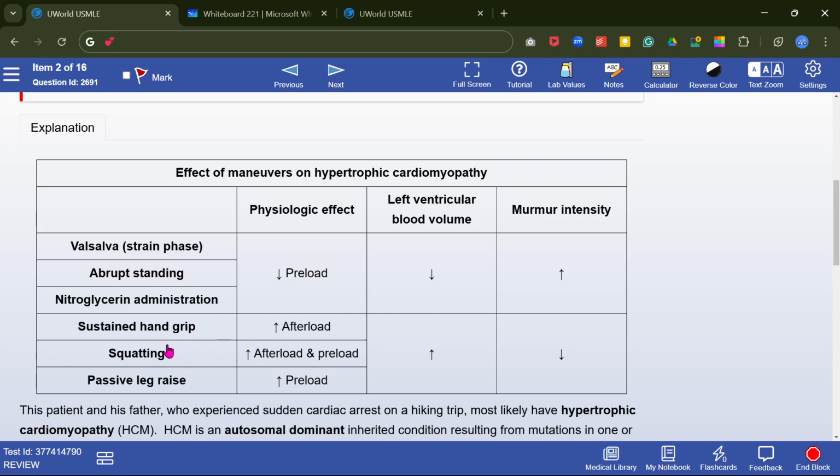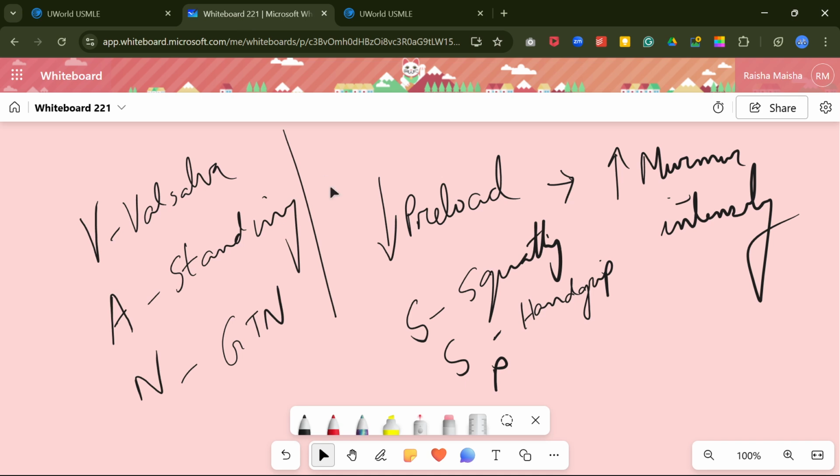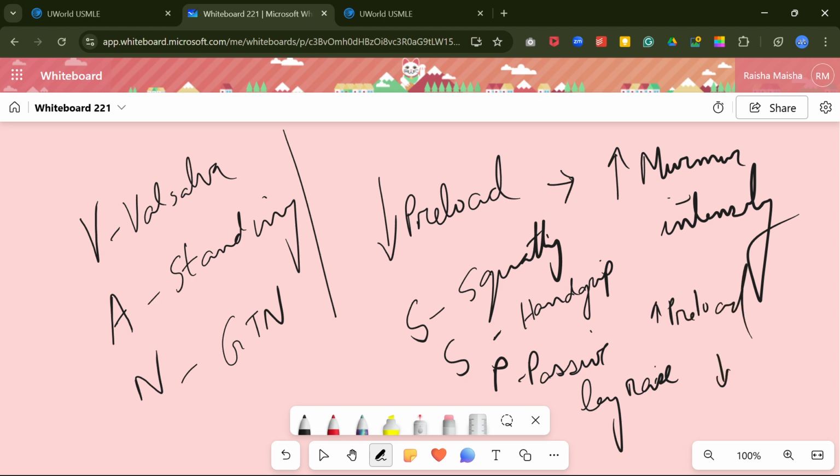And the SSP: sustained hand grip, squatting, and the P for passive leg raising. Passive leg raising increases preload and decreases murmur intensity.